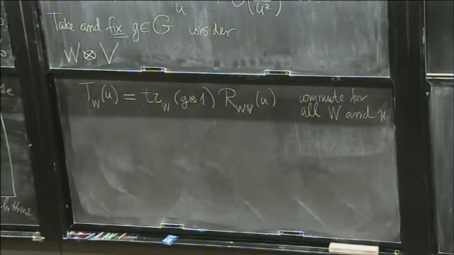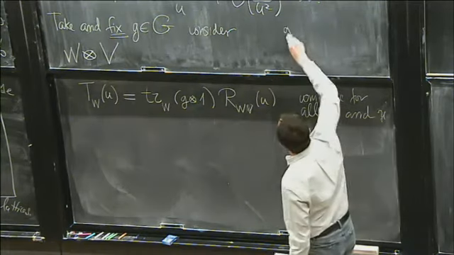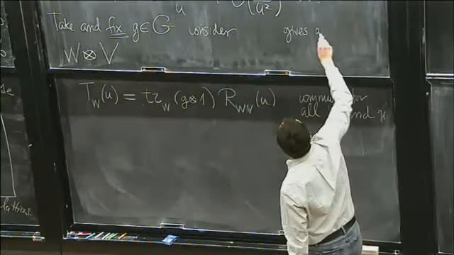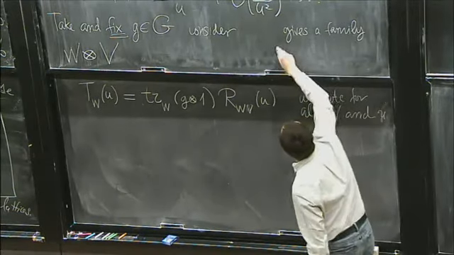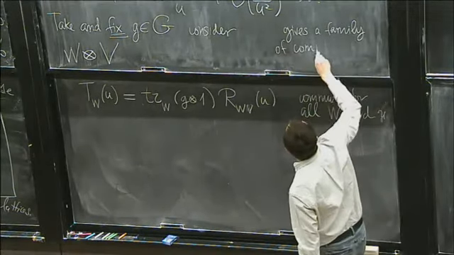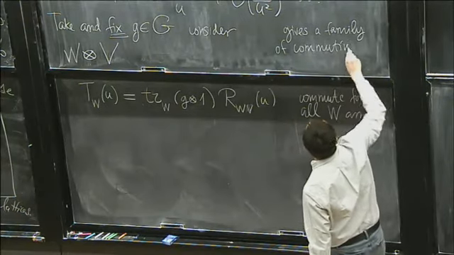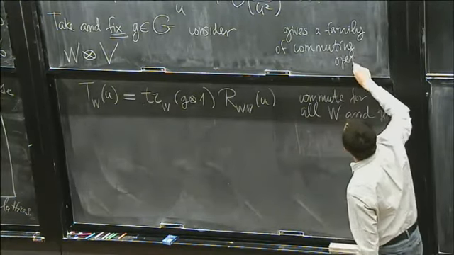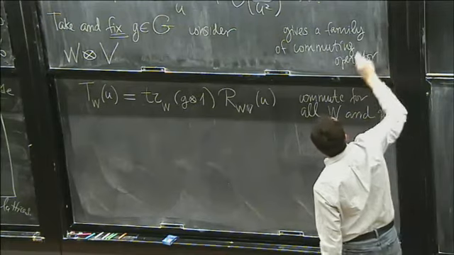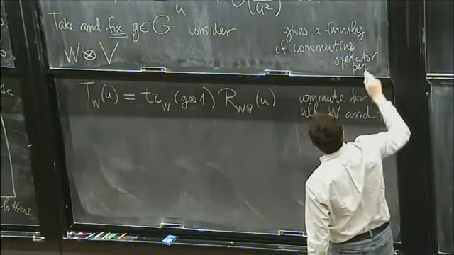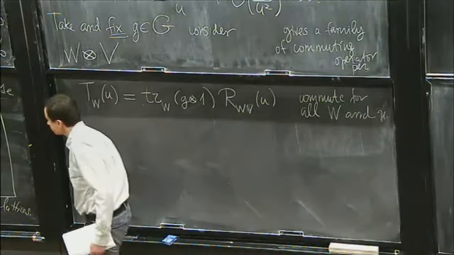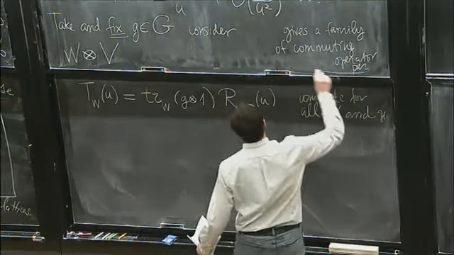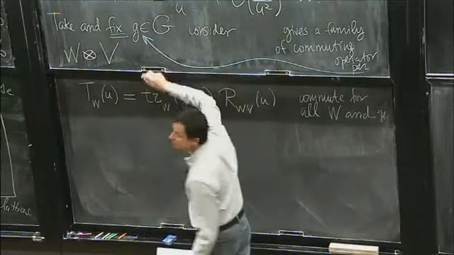So what this gives is a family of commuting operators parametrized by this variable G here.